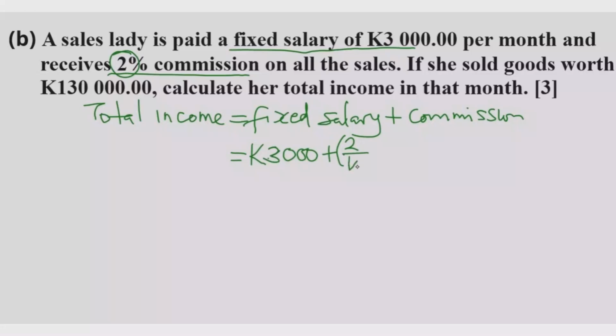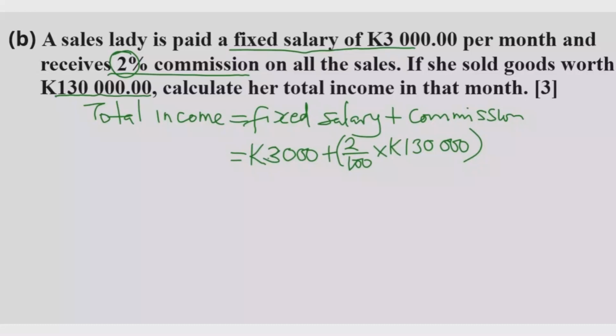So we can say 2 over 100 times, then the commission is based on the sales made. So if the lady made the sales of 130,000 kwacha, so you can say times 130,000 kwacha, close bracket.